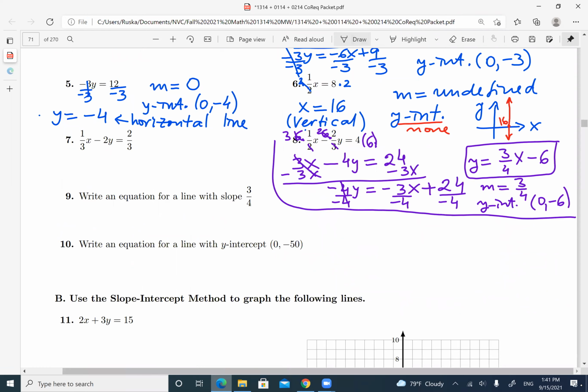Now, number 9, it says, write the equation for a line with slope 3/4. So you can just pick any equation. Can you give me one example? y equals what?